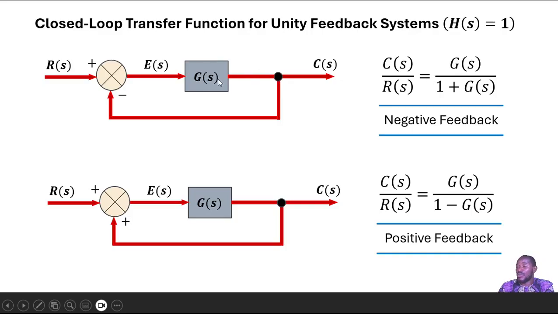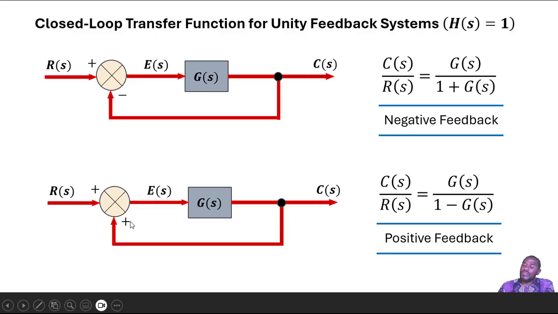The forward loop transfer function is G of S divided by 1 plus, because this is minus, plus the product of this and this, but this is now 1. So G of S times H of S, H of S is 1, so that's why it vanishes. So G of S over 1 plus G of S. This is the transfer function for a negative unity feedback system.